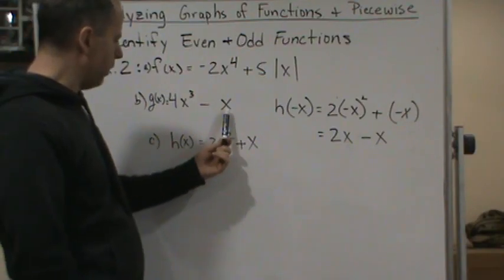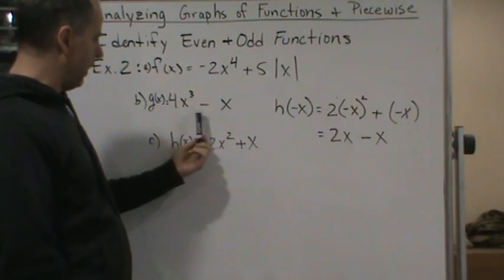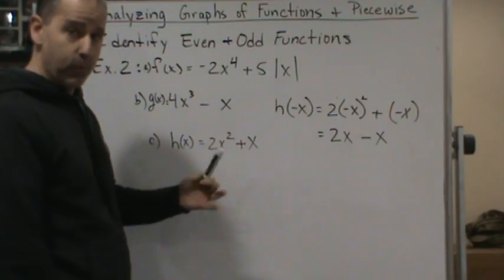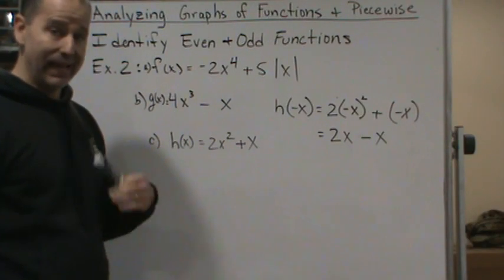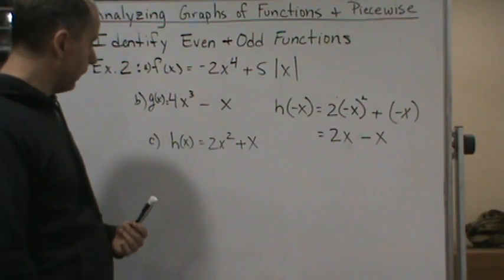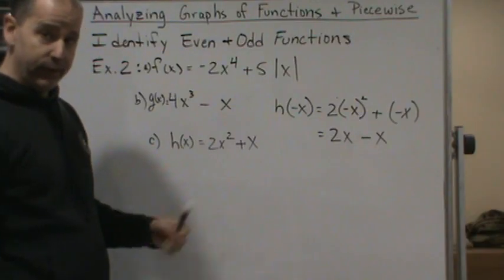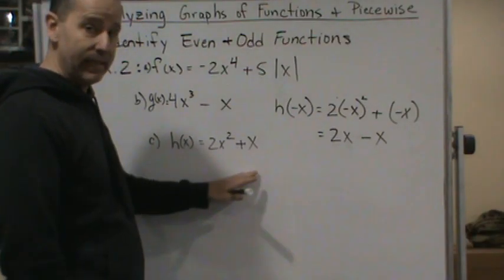If I put a negative here, I'm going to get a negative out. So anytime I have a function where all of the exponents are odd, like in this case, I'm going to get an odd function. Now, here I have a mixture of even and odd exponents, so in this case it ended up being neither.